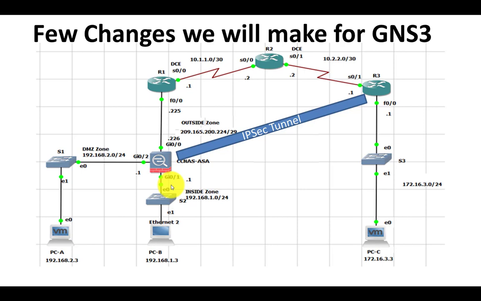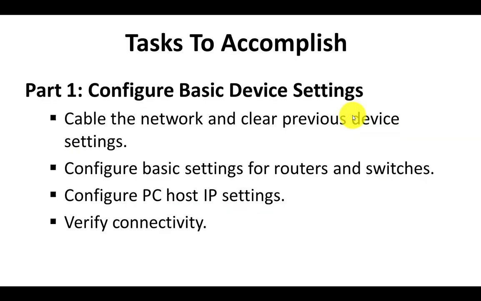So you should have end-to-end connectivity between hosts A, B and C. Host B should be able to ping host A and host C, but since the security level is higher in the internal zone, external and DMZ zone hosts should not be able to ping towards the internal zone. Once these configurations are achieved, then we will be able to set up the IPSec VPN between the ASA and router 3.